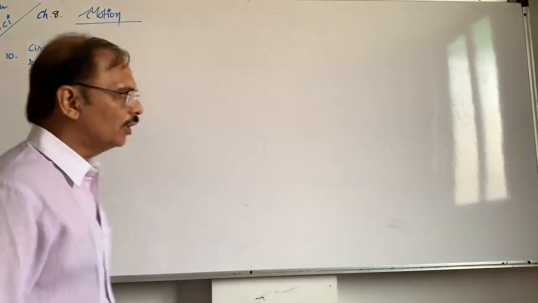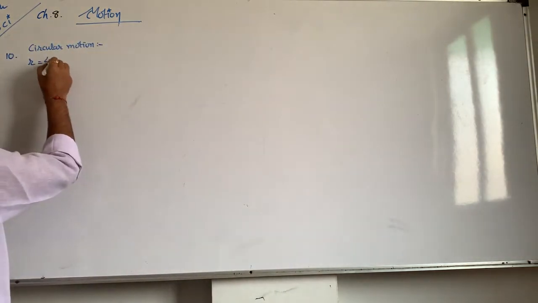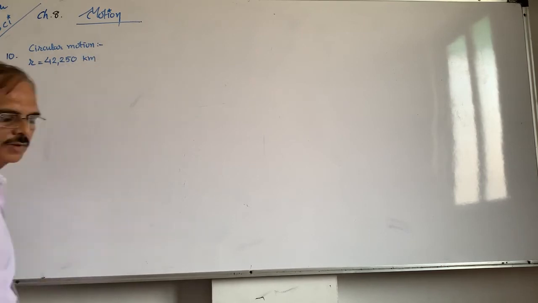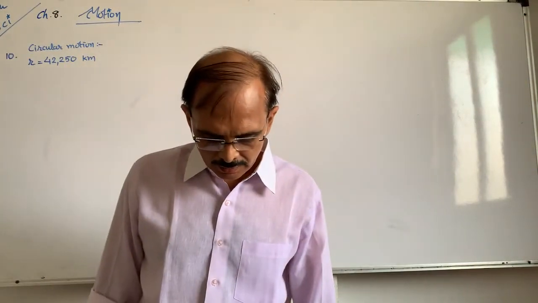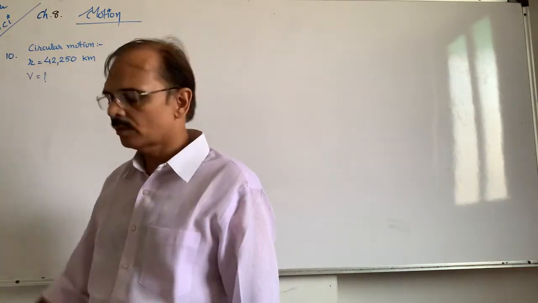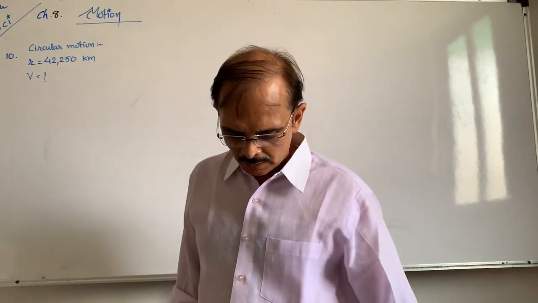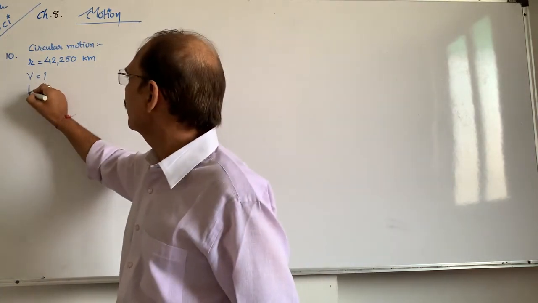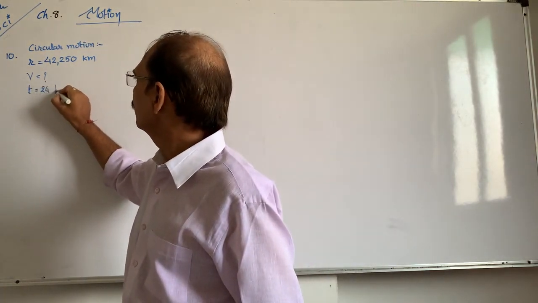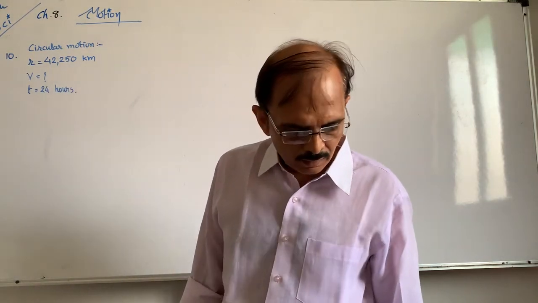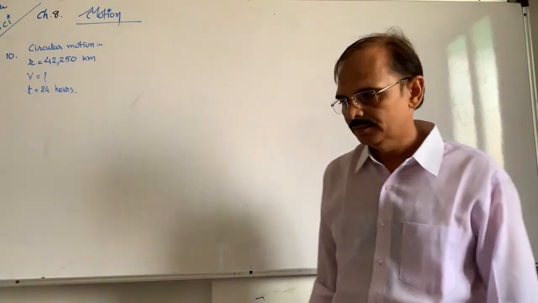Radius is 42,250 kilometer. Is it okay? Calculate its speed. Find the speed for circular motion, if it takes 24 hours, time is given, 24 hours to revolve round the earth.